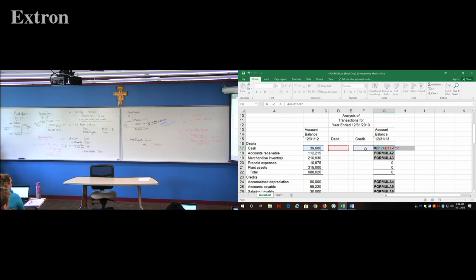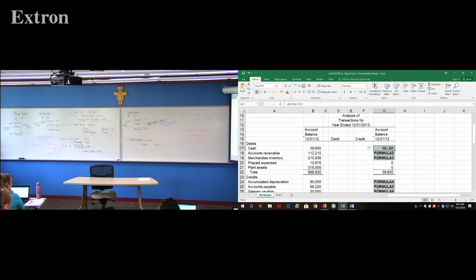So formula number one is equal to B17 plus D17 minus F17, because that's the way we balance T accounts. We add debits. If you have a normal balance of a debit, you subtract the credit.